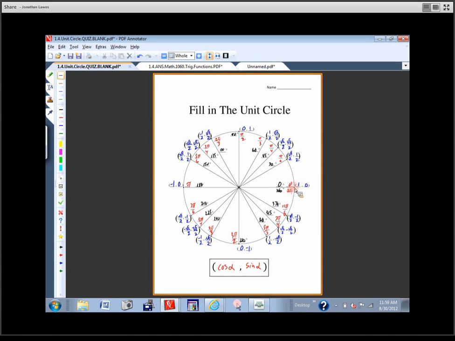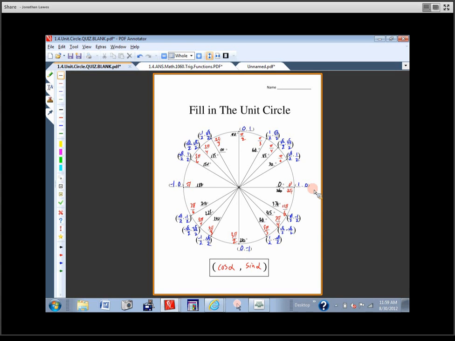Negative 30 degrees would be right here, radical 3 over 2. If I said 4 pi and I need the sine of 4 pi, 4 pi would be 2 pi, 4 pi, 0. Okay? We're not just stuck to 0 to 360. We can go with coterminal angles. That's why we learned that in 1.2. Okay, are there any questions there?